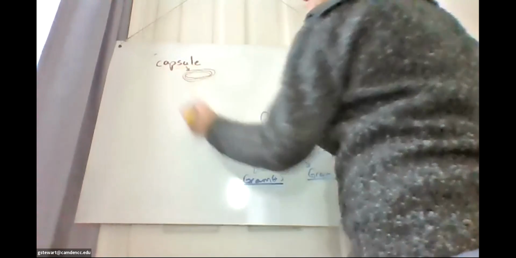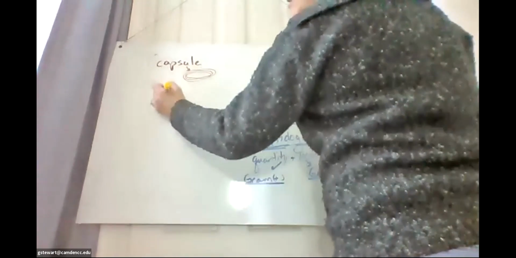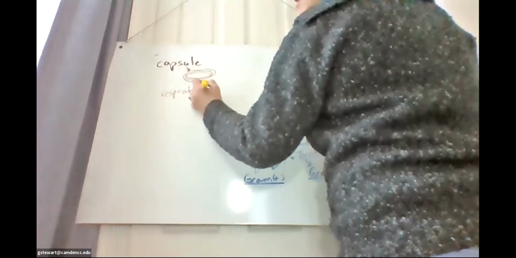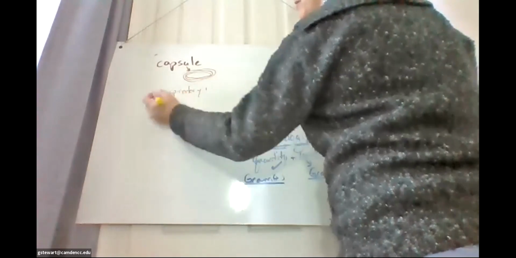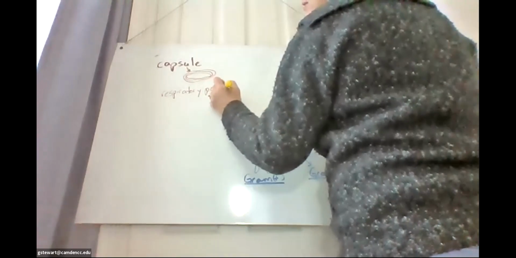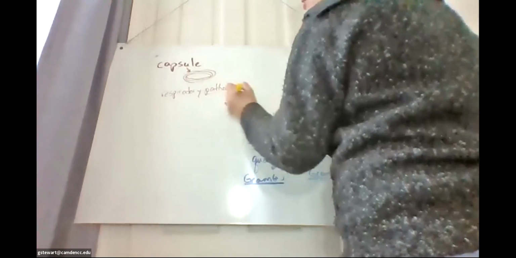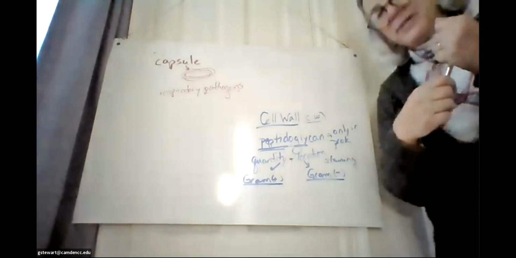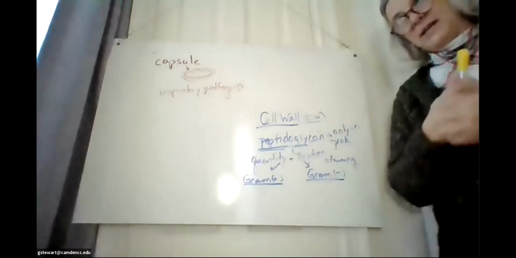Capsules are very common in respiratory bacteria. Bacteria that cause respiratory infections, let's say, respiratory pathogens. Pathogen just means a bacteria that can cause a disease because they're very protective having a capsule, as you might imagine.